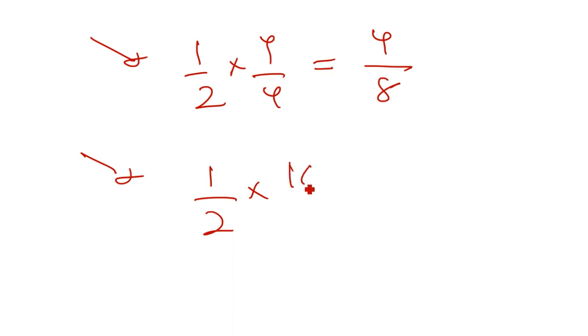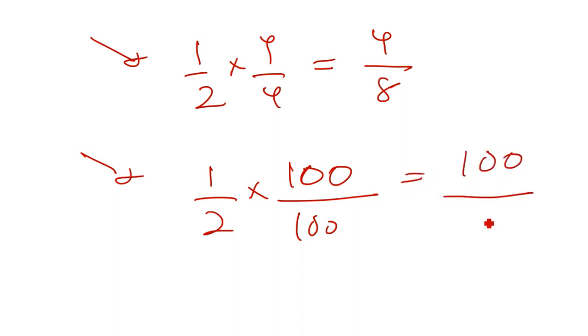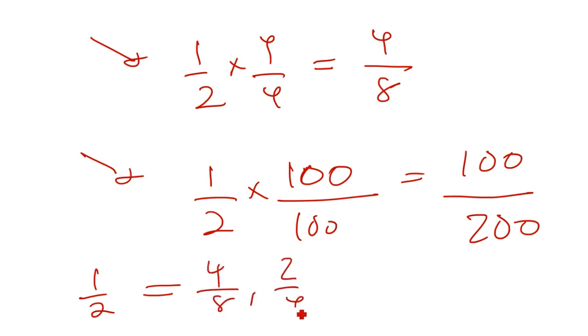You can also go for 100, 100. See? You get 100 up here and you get 200 down here. So this one 1/2 is the same as 4/8, or 2/4, 100/200. Only these 3? No, masih ada banyak. Tidak akan selesai.